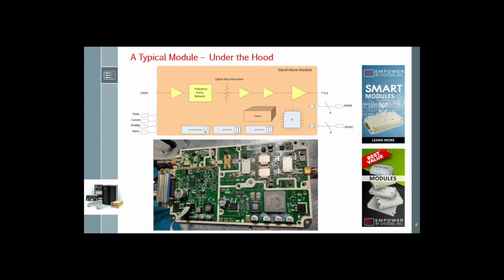In this case, we have to internally generate all the rails required to generate the negative voltage for GaN and the plus and minus to bias the operational amplifiers. So all the ancillary power supplies are generated inside the module. You don't need any other sources of voltage than your primary voltage.